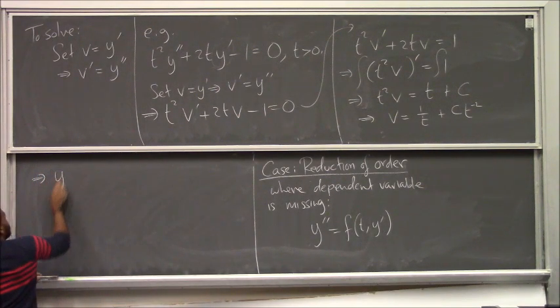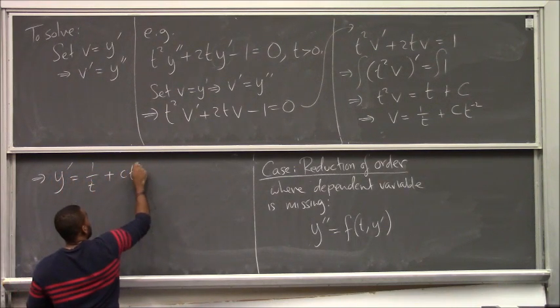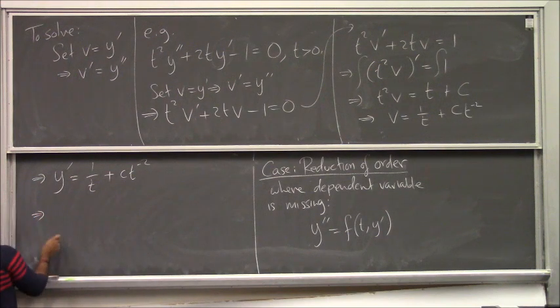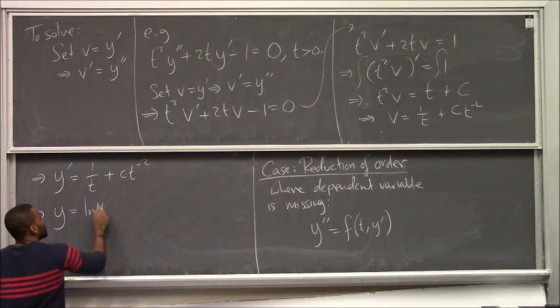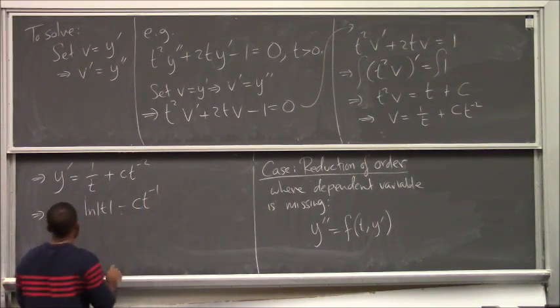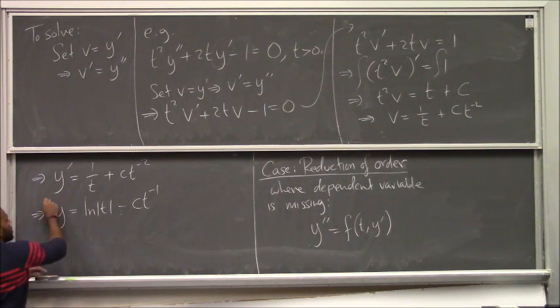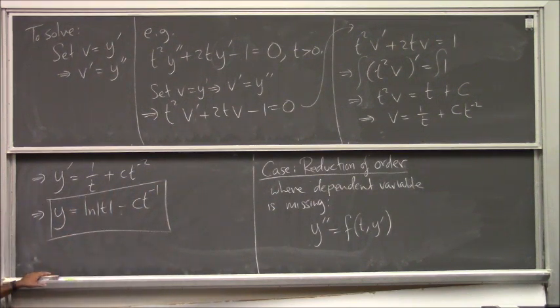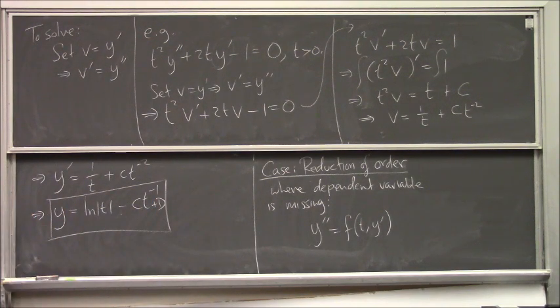This means that y prime is equal to 1 over t plus c t to the minus 2, which means I can find y by just integrating that function, which is going to be ln of t minus c t to the minus 1. You don't really need the absolute values here because t is greater than 0, but why not? That's fine. When you integrate again, you get a second constant. Just put plus d.